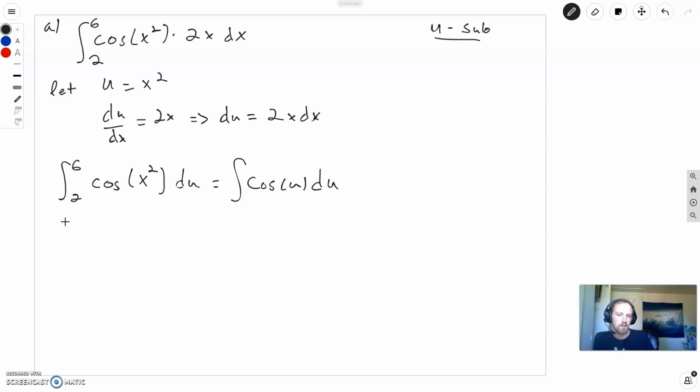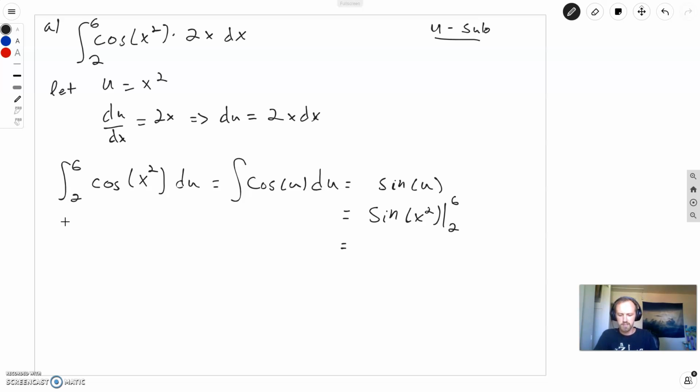Now we know how to integrate this. Integral of cosine is sine. Okay? So now we plug back in what our u is, sine of x squared, and we evaluate it from 2 to 6. So you'll get the sine of 6 squared minus the sine of 2 squared.